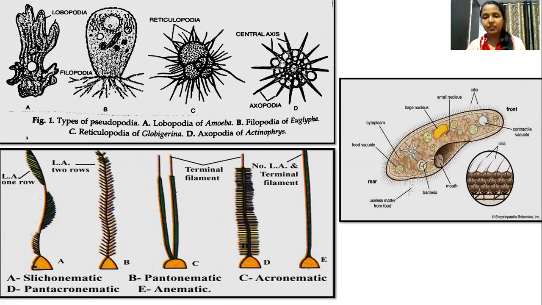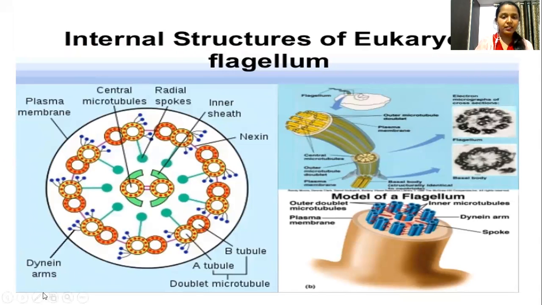When you look into the fine structure of flagella, the flagella have central microtubules. A pair of microtubules will be there, and we can see the inner microtubules here. A cycle wheel and spokes-like arrangement will be there for the microtubules in the flagella.